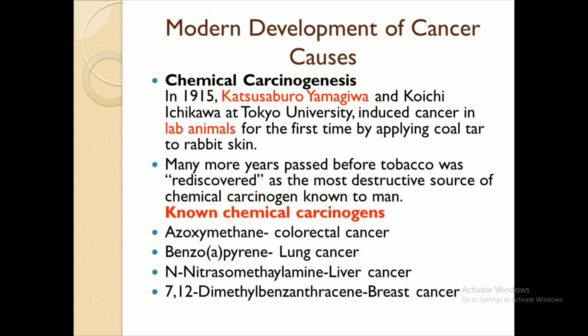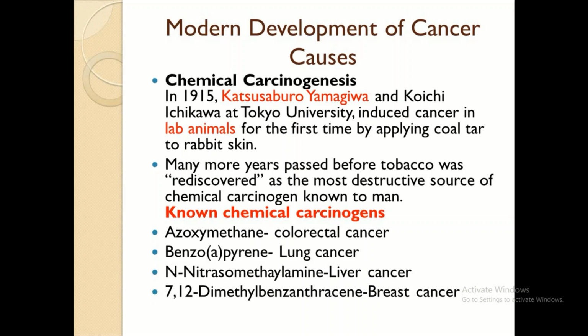And in later years the tobacco was rediscovered as the most destructive source of chemical carcinogen known to man. I have given some known chemical carcinogens. Even currently, scientists are using these to induce cancer in laboratory animals.